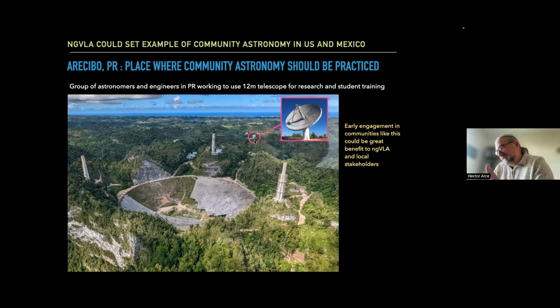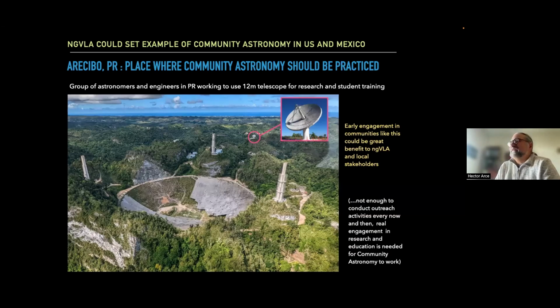So if they ever decide to build NGVLA and put the long baseline dishes there, there will already be astronomers and engineers experienced in radio astronomy, and even more if we make this happen with the 12-meter. There will be people ready to interact and collaborate with the people in the NGVLA and to put those antennas to good use.